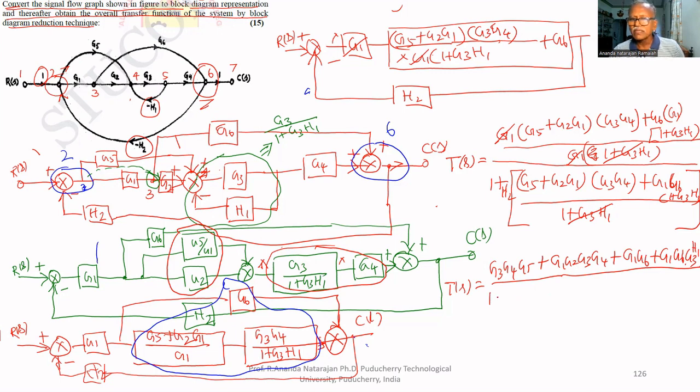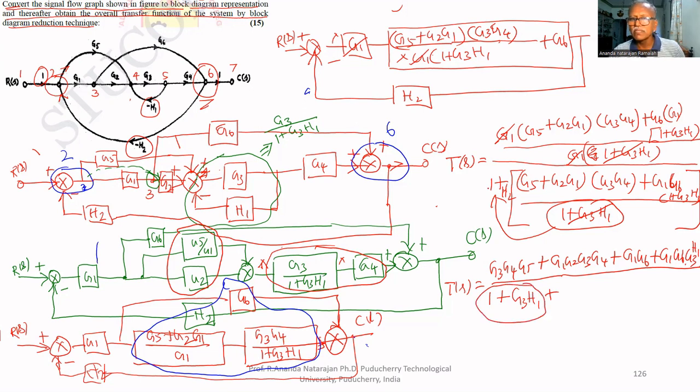That's why we can write 1 plus, if we cancel these two, this must come in place of 1 that is there. Therefore, 1 plus G3 H1 plus, why this 1 becomes G3 H1?